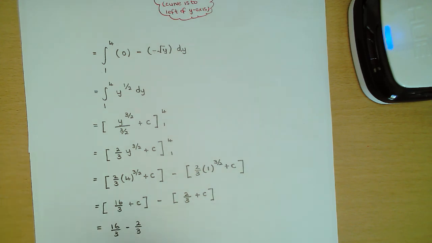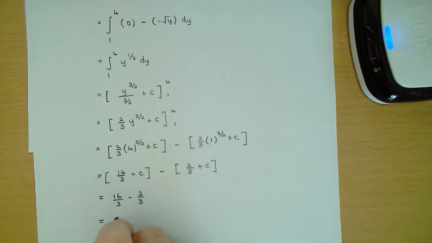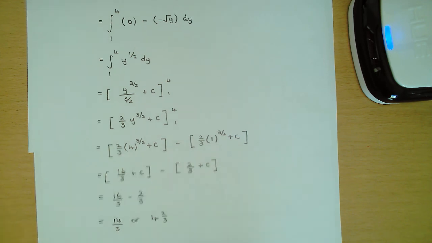That's going to leave us with 14 over 3, or as a mixed fraction, that's going to be 4 and 2/3, and it's going to be units squared.